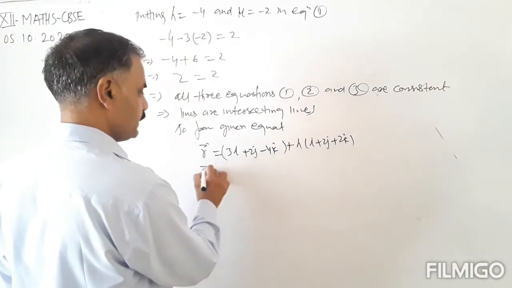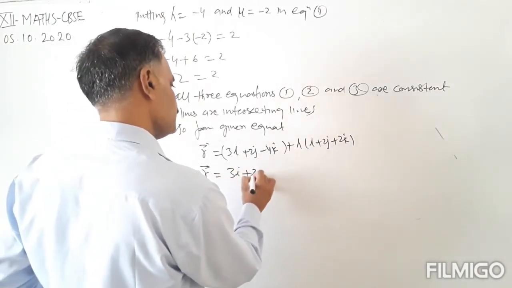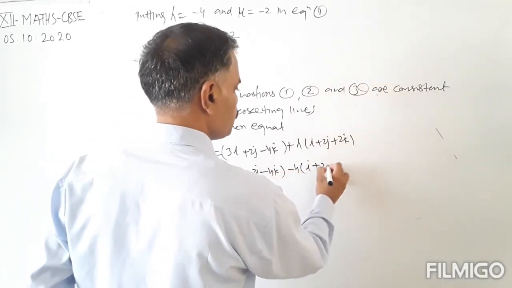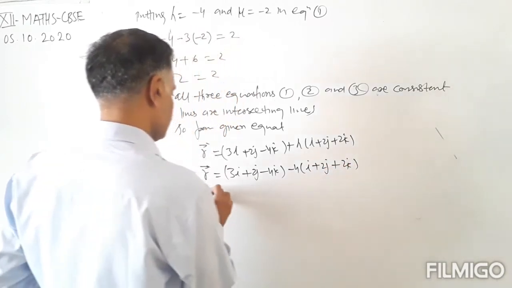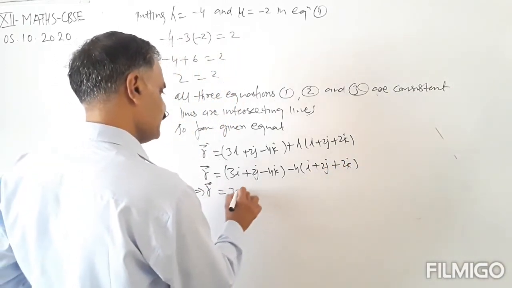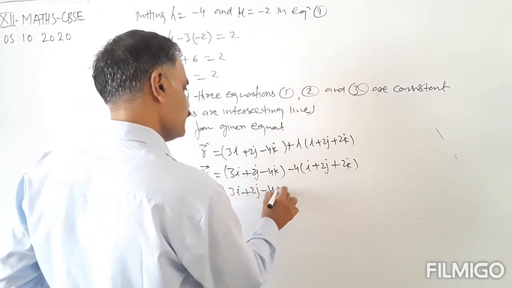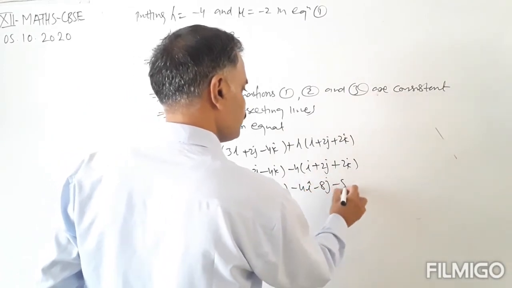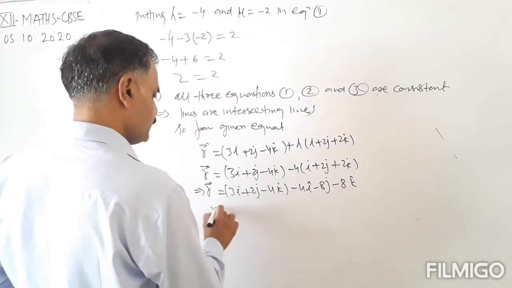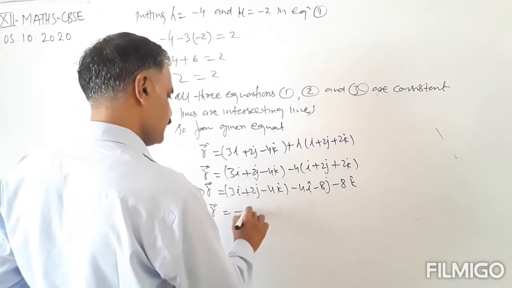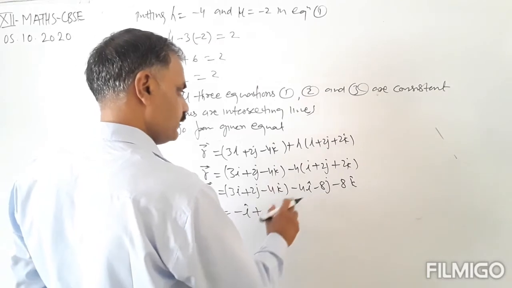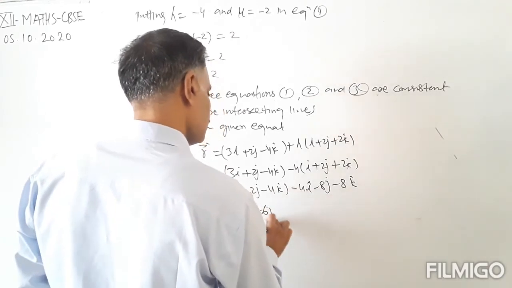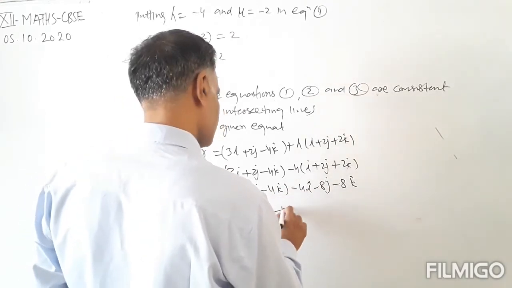So point of intersection, r vector equals 3i cap plus 2j cap minus 4k cap minus 4 into i cap plus 2j cap plus 2k cap. Solving this, r vector equals 3i minus 4i, minus i cap, plus 2j minus 8j, minus 6j cap, and minus 4k minus 8k, minus 12k cap.